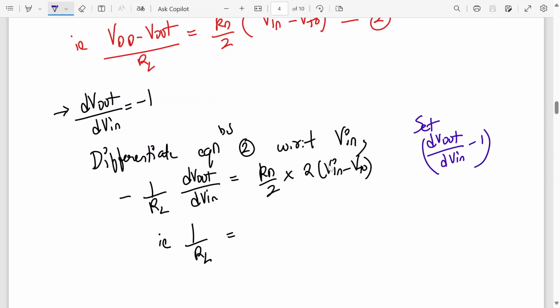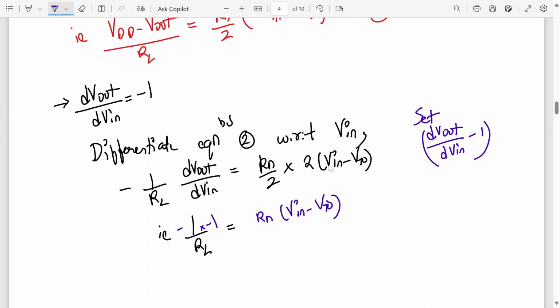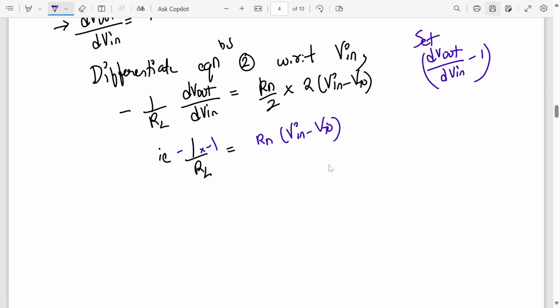We set dV out by dV in equal to minus 1. So instead of dV out by dV in we write minus 1, and this minus gets cancelled. Let me write it formally. This will be Kn times (V in minus VTO). I'm trying to eliminate all the terms and bring it in terms of V in and V out.